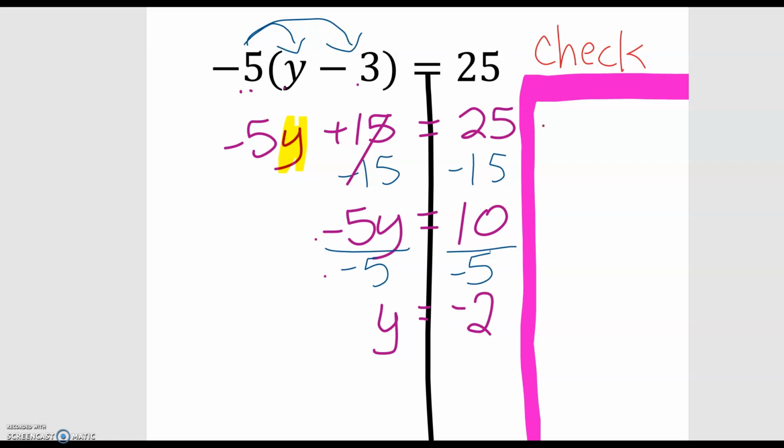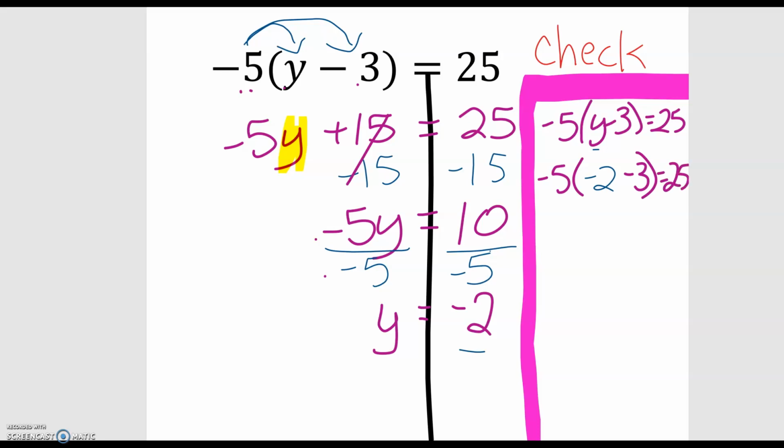So I'm going to take -5, parentheses, y minus 3 is equal to 25. And I'm going to substitute in -2 for my y value. So that gives us -5 times, change the y to a -2. And then we still have -3 equals 25.